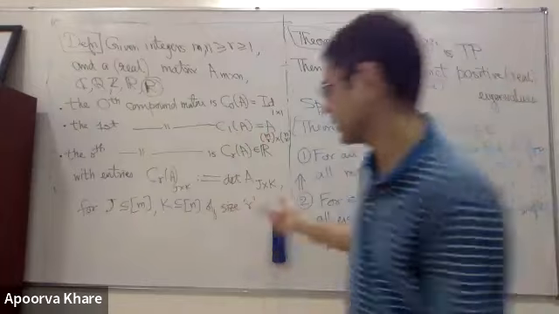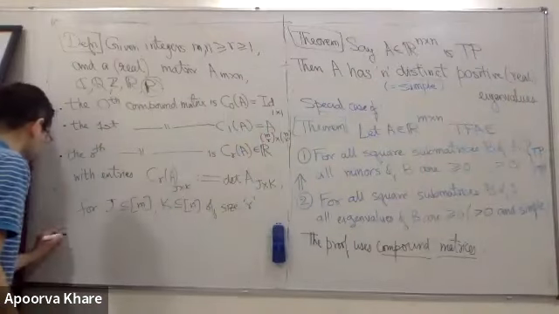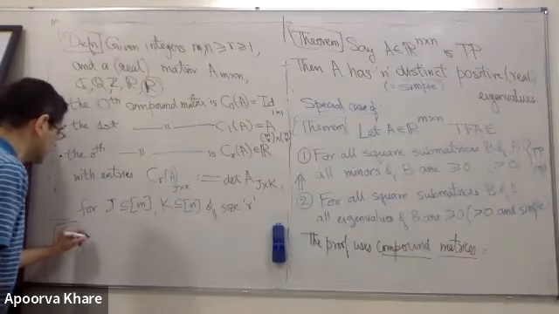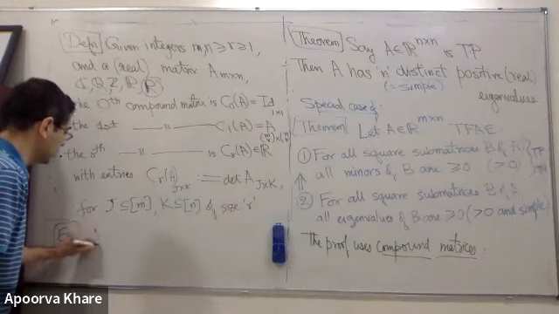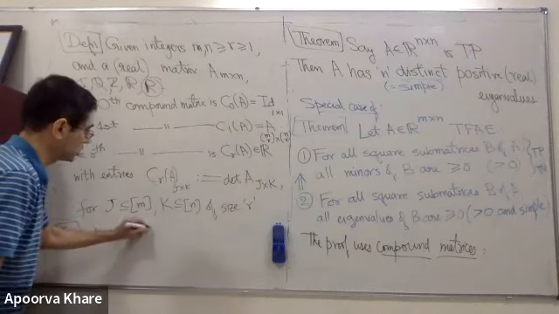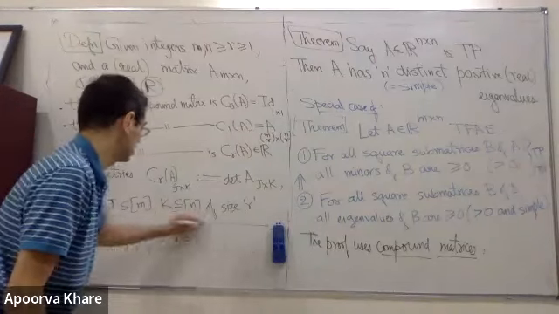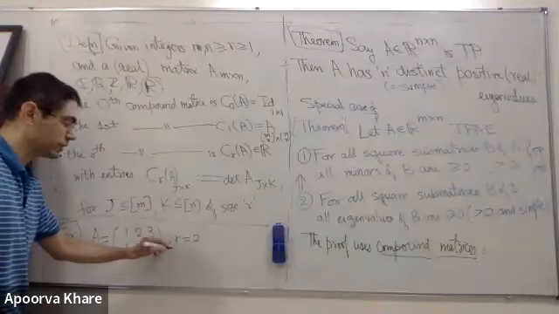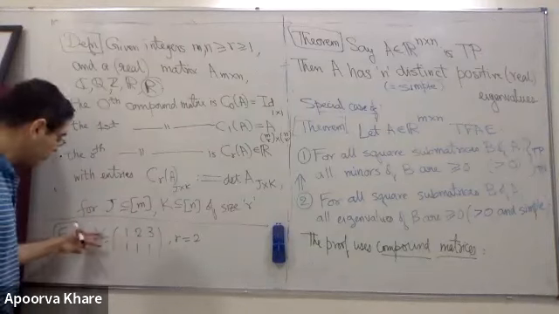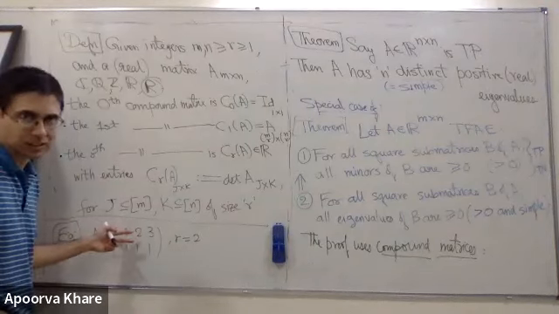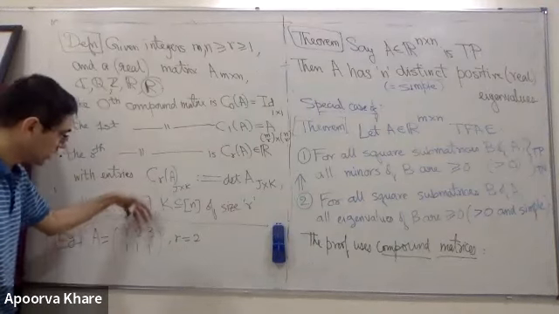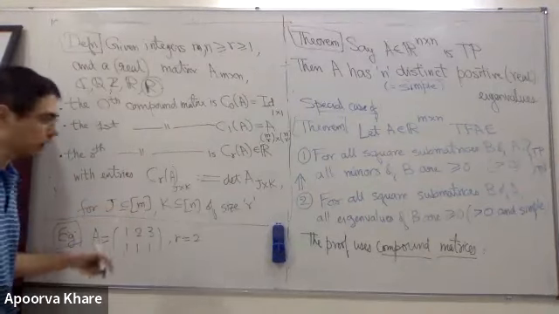So let us look at, for example, let's say A equals 1, 2, 3, 1, 1, 1, and R equals 2. So this is a 2 cross 3 matrix. I have to always choose the same 2 rows. That doesn't change. But I can choose the 3 pairs of columns.